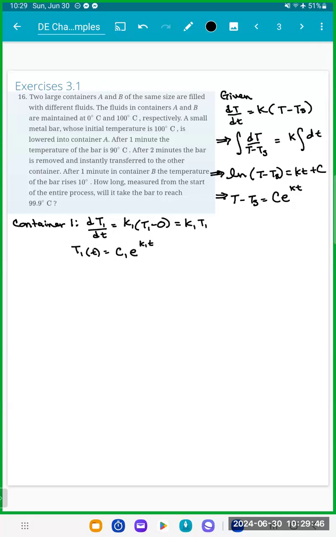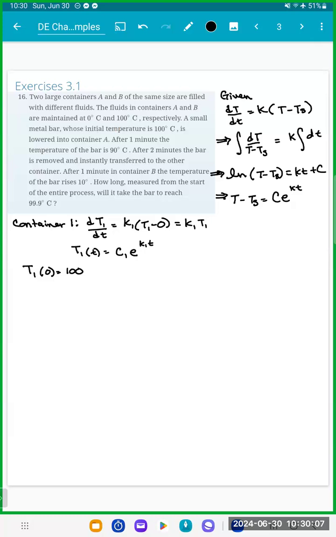Okay. And since T of 0 for that first container, right? So T sub 1 of 0 is equal to 100 degrees, right? We were given that the initial temperature of that small metal bar is going to be 100.